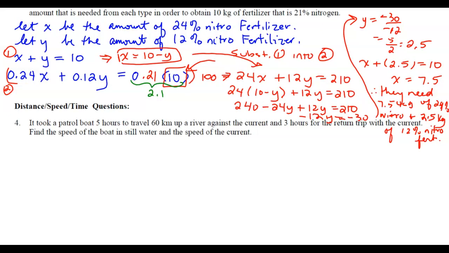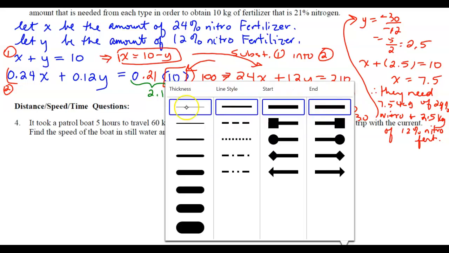So that's a mixture question. That's probably the one that students find the hardest, just because they forget that total amount that they're making. Another common one is distance, speed, and time.